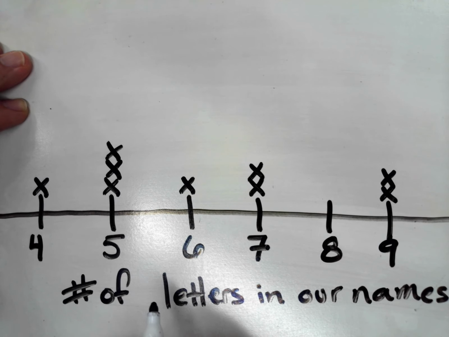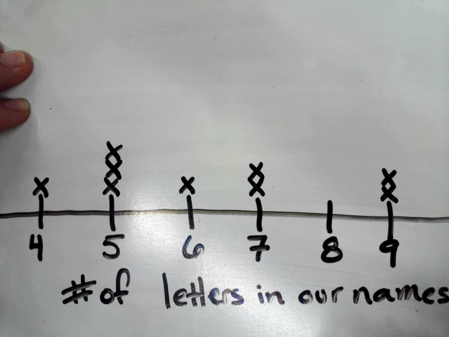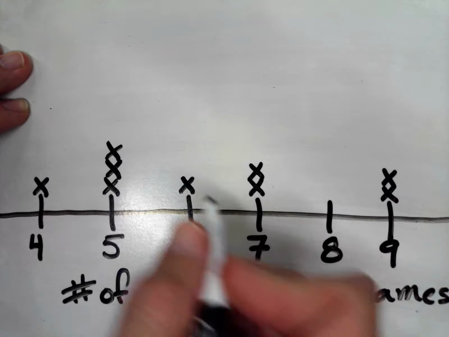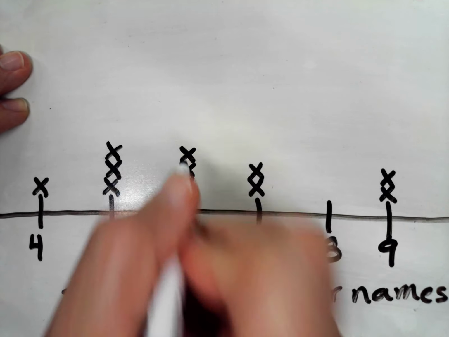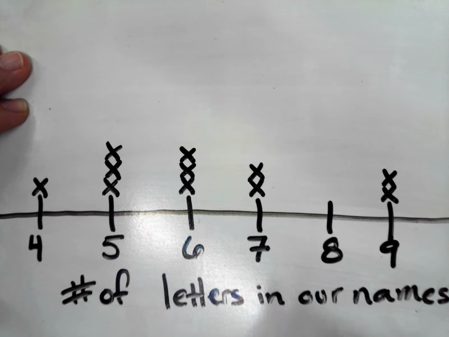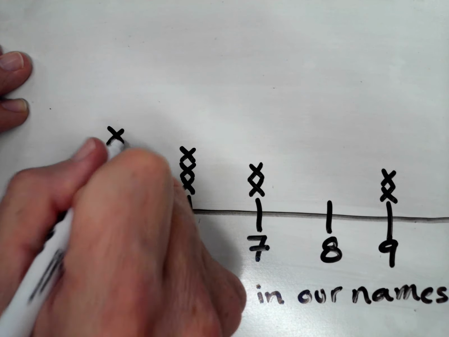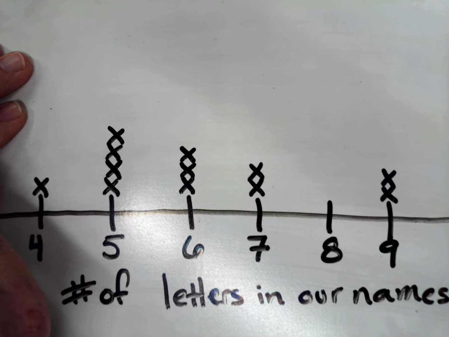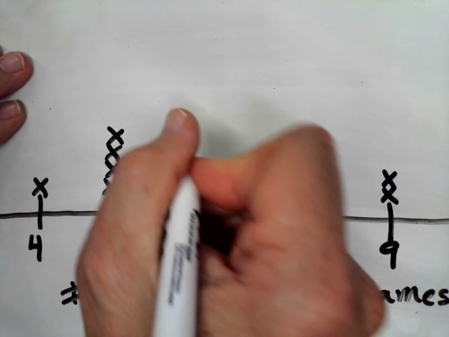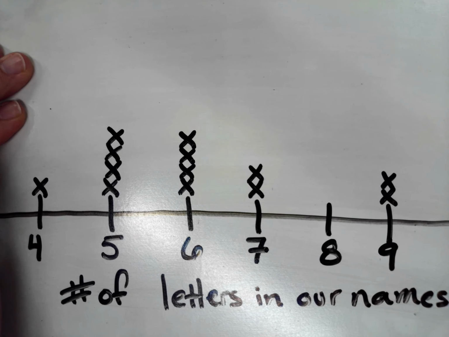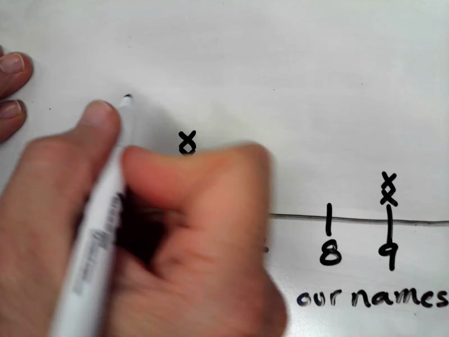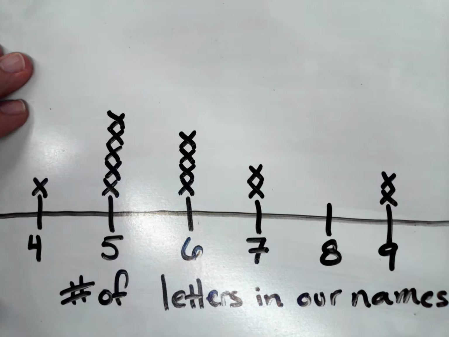And then we have some others. Ashlyn has 6, and so does Evelyn. Shona has 5. Hudson has 6. Wyatt has 5. Wow, the 5s and 6s.